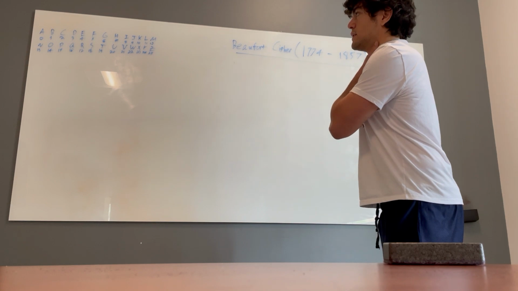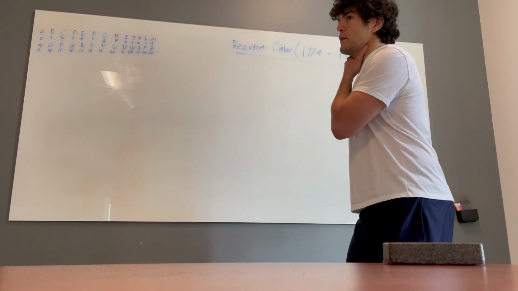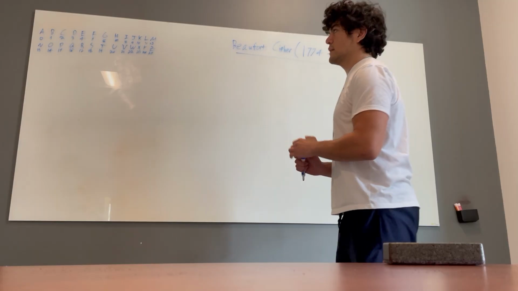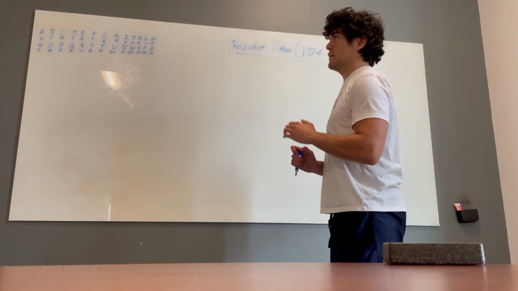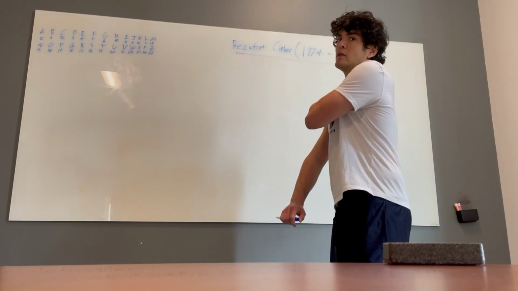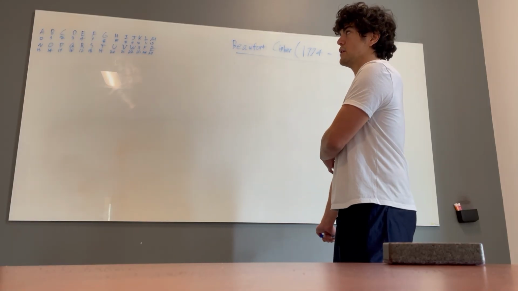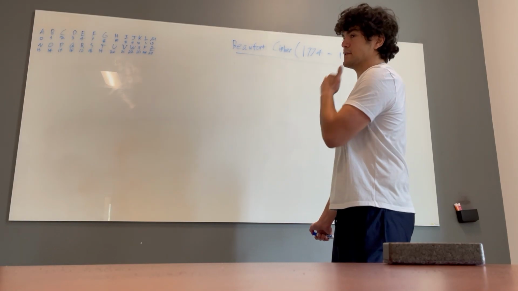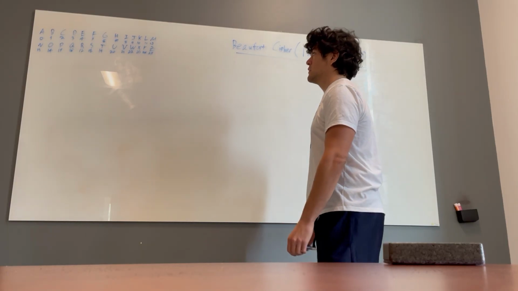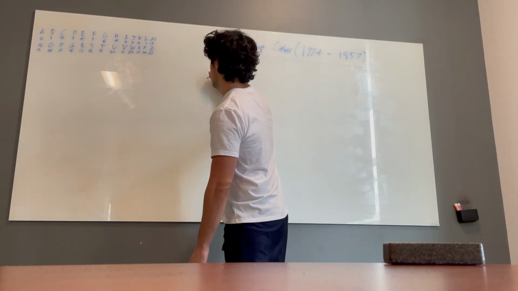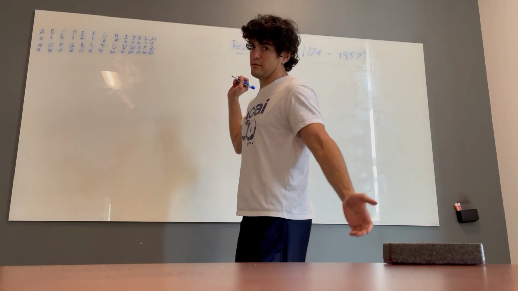So the idea is similar to the last video with the Vigenere cipher. We want to keep using this idea of having a keyword that's going to help us encrypt our plain text.